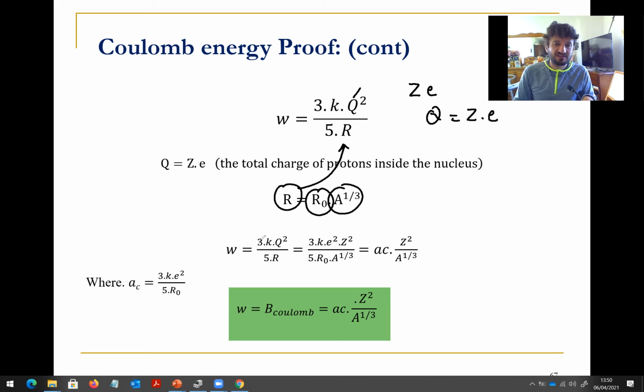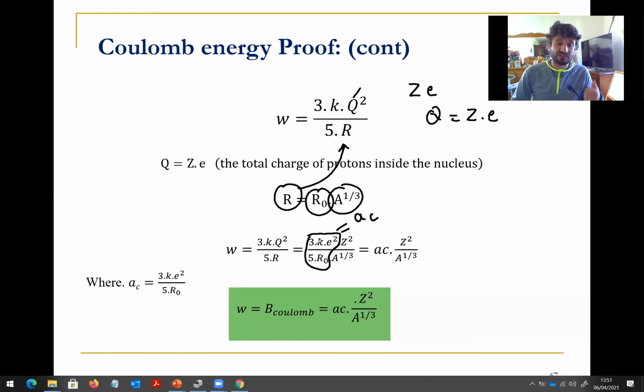We get finally 3 divided by 5, k e square Z square divided by R0 A power 1 over 3. This value we can say equals A Coulomb.